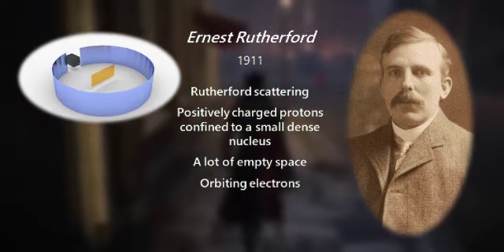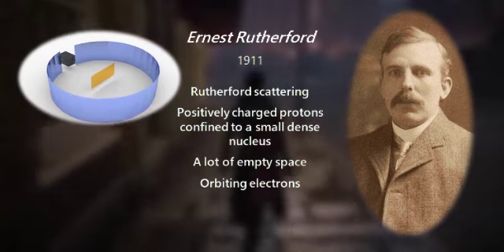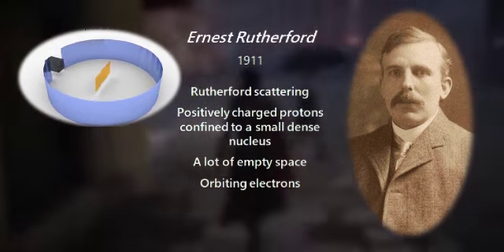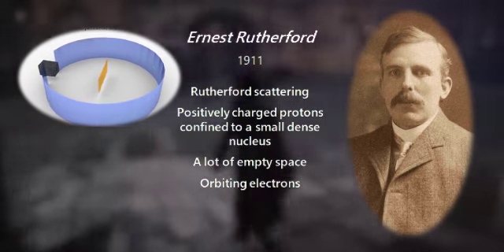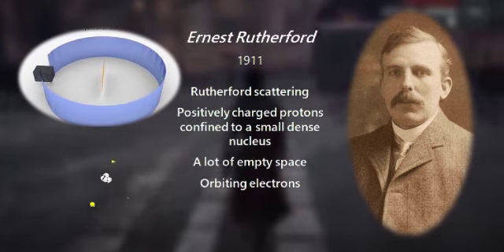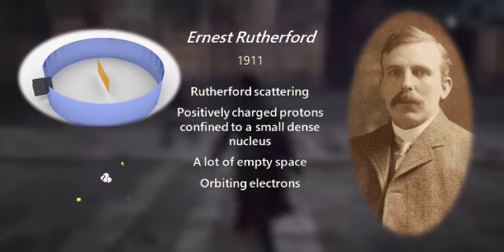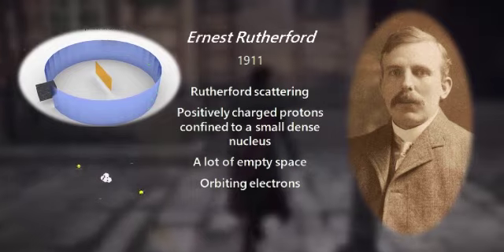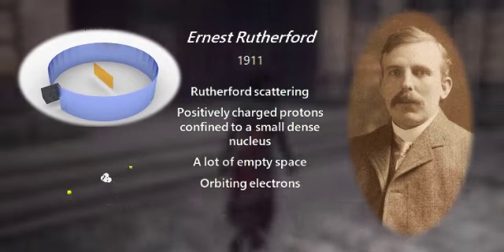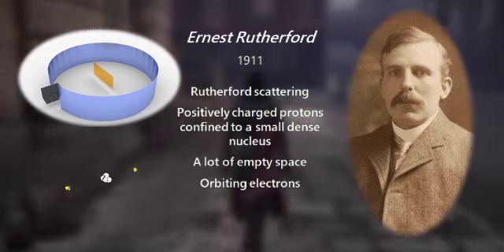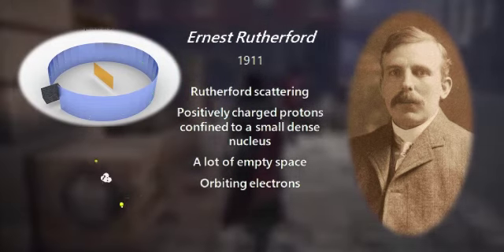Alpha particles are positively charged helium atoms, and he found that most of them went through the gold leaf to suggest there was a lot of empty space in there. However, some of them were deflected on the way through, suggesting that they were knocked off course by a dense, heavy, positively charged nucleus, while some simply bounced back off this nucleus. And this led to the atom idea that we know and understand below.